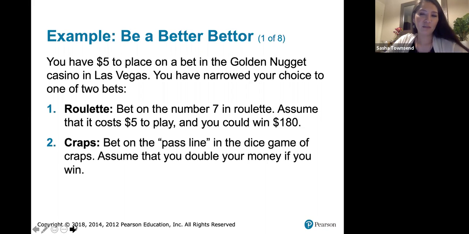Assume that you double your money if you win. So it costs $5 to play, and if you win, you win $10. It might seem on the surface that roulette is the better way to go, but it really matters what the probability of winning is and what the probability of losing is in both cases. Both of those are going to affect the expected value of playing roulette or playing craps.